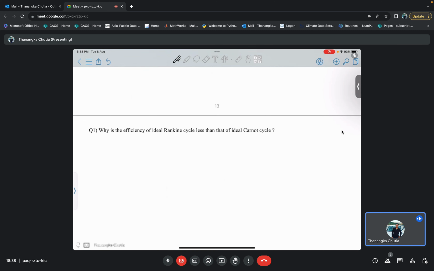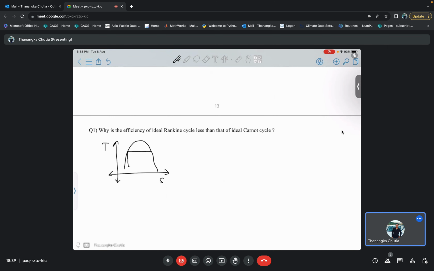Now the first question is, why is the efficiency of an ideal Rankine cycle less than that of the ideal Carnot cycle? Let us first draw the Carnot cycle.